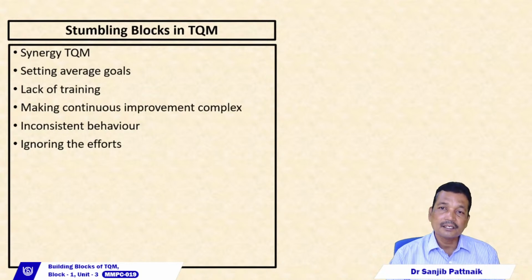That will hinder the implementation of TQM. So what we try to say is, set average goals which employees can achieve. Once they go on achieving small targets or average goals, definitely they will be motivated to do more and more.